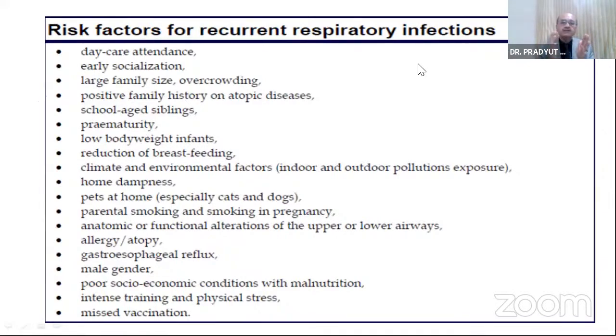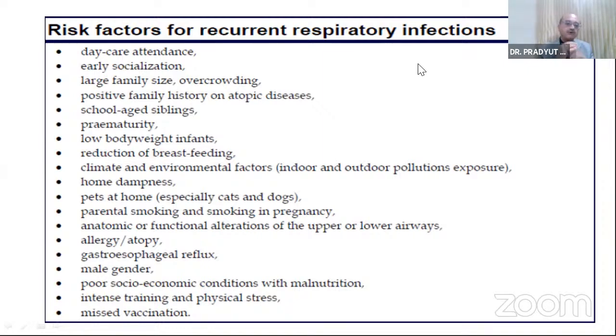So what are the risk factors for causing recurrent respiratory infections? To mention a few: early socialization in the pediatric age group, large family size with overcrowding, improper ventilation, and a positive family history of atopic diseases. Especially this is seen in school age siblings because they are mixing with other children as well.